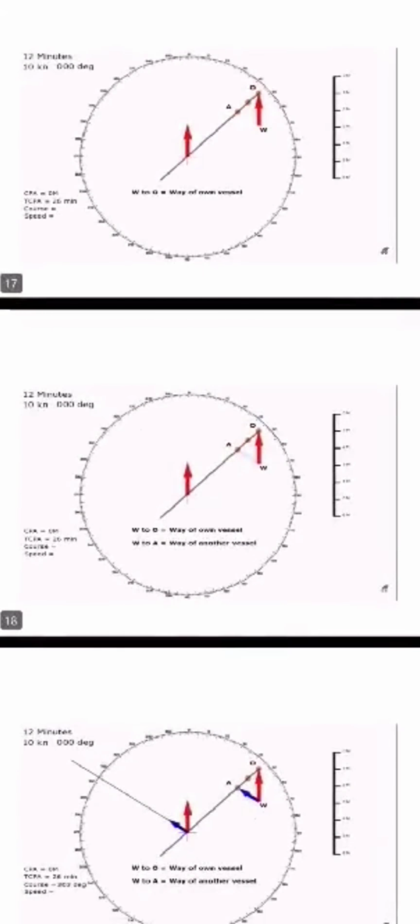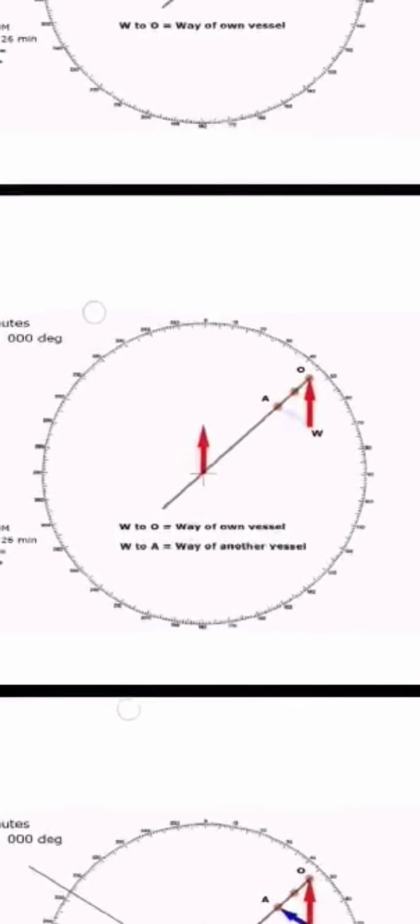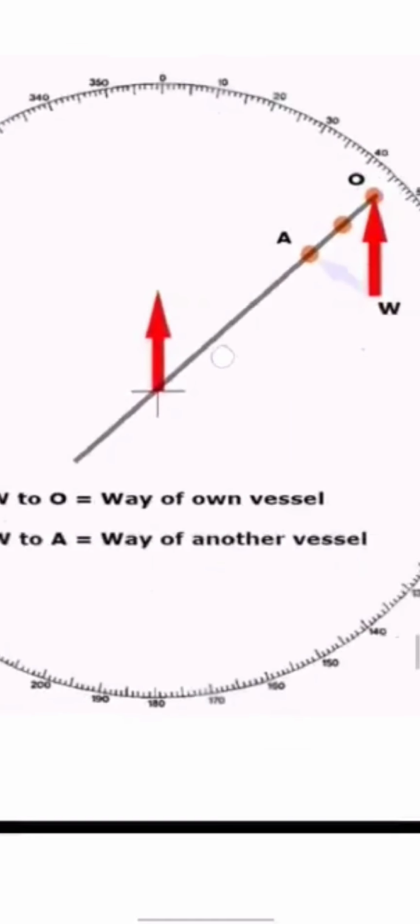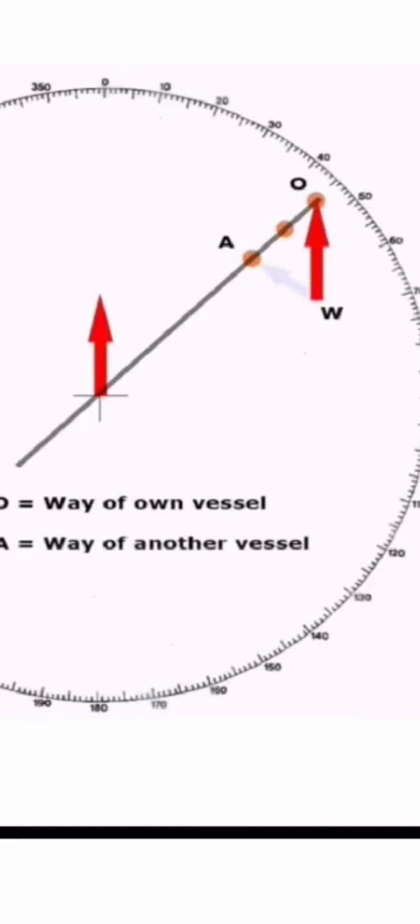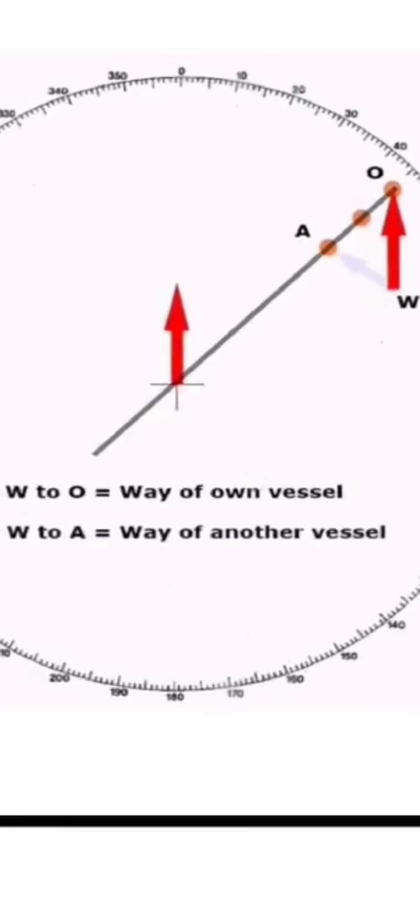So now we have to identify the course and speed of our target. Before we do that, we have to identify the naming or labels. We have W2O, way of our own vessel, and W2A, way of another vessel. As you have seen here, the red arrow is the relative position of our vessel.